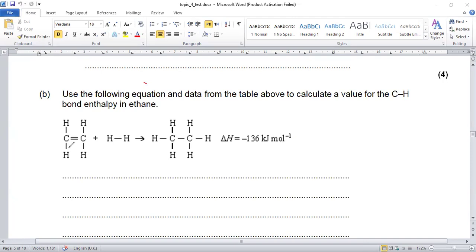What is the number of C-H bonds here? There's no value given for C-H. Okay, what is the idea for this reaction? There is an idea for that. Can you discover it?